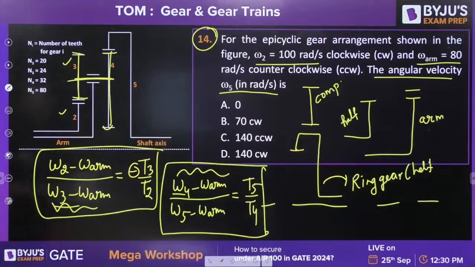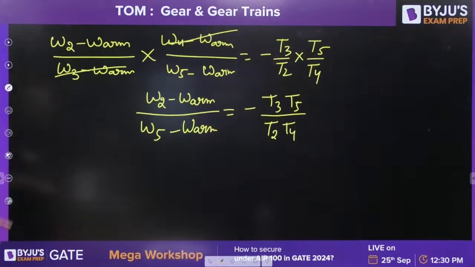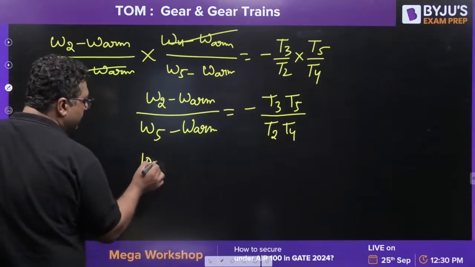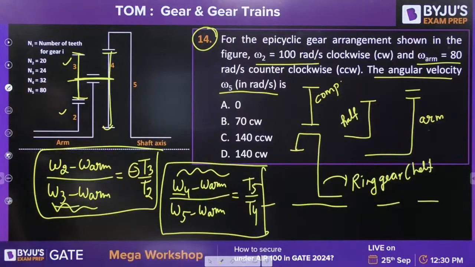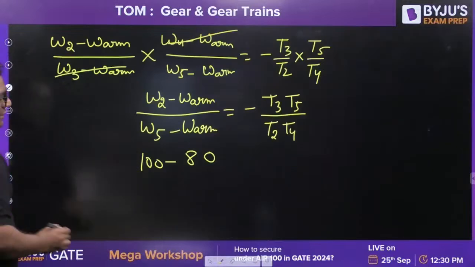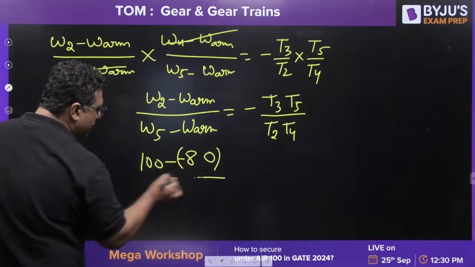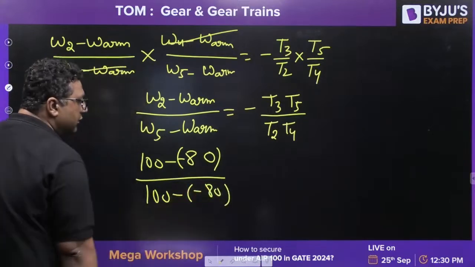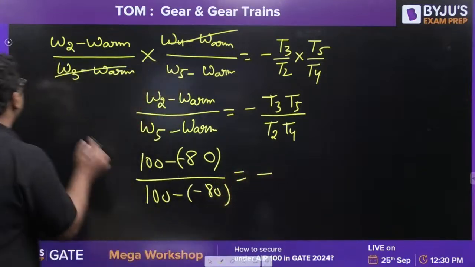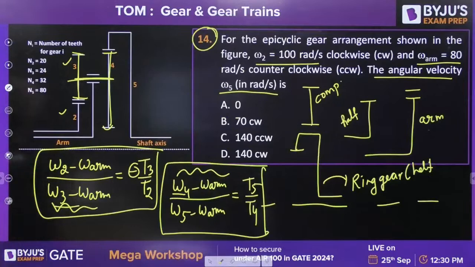You can see omega 2 is 100, omega arm is 80. But you can see one is clockwise, the other is anti-clockwise. Anti-clockwise means minus, so it is minus 80. So 100 minus of minus 80, that is 180, over minus T3 T5 by T2 T4.